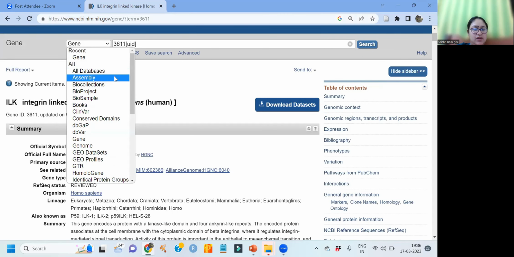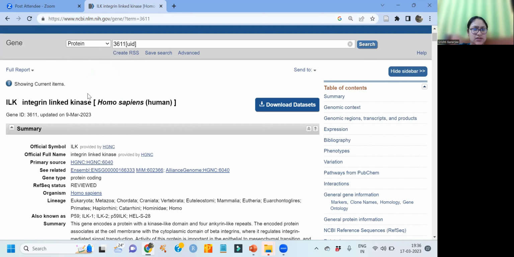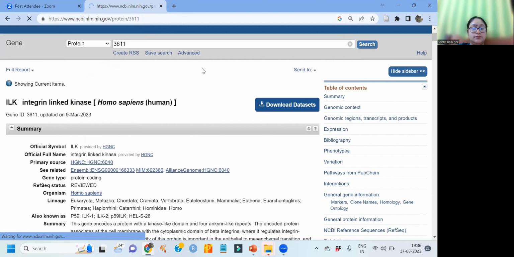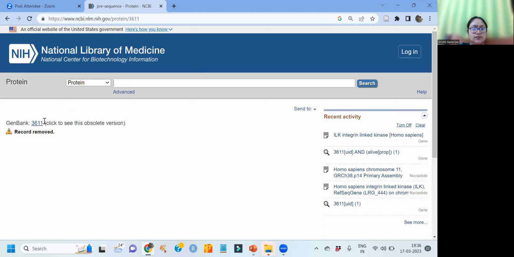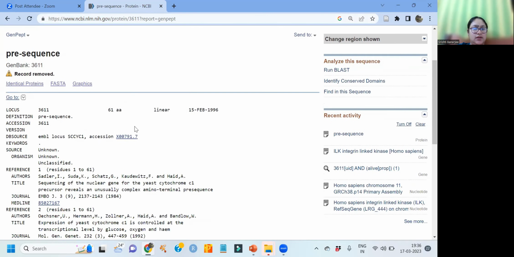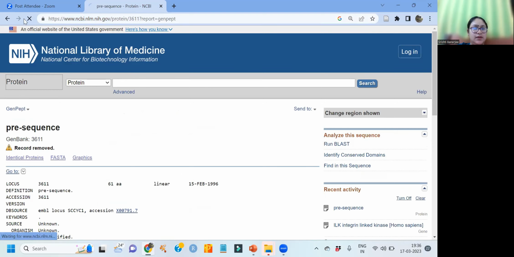Now I believe that because it's a protein coding gene, we can also try to search with the same ID in protein. Let's see what comes. It says the record was removed. Okay, a different result is coming here.